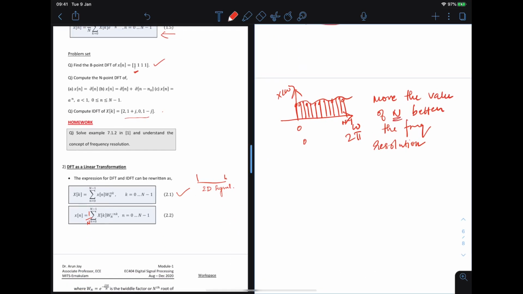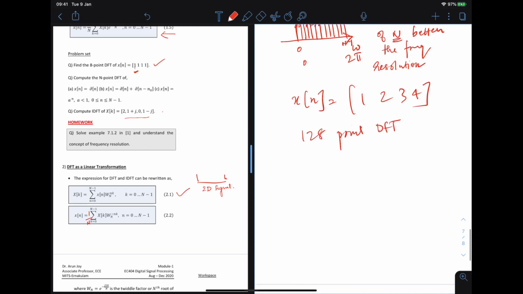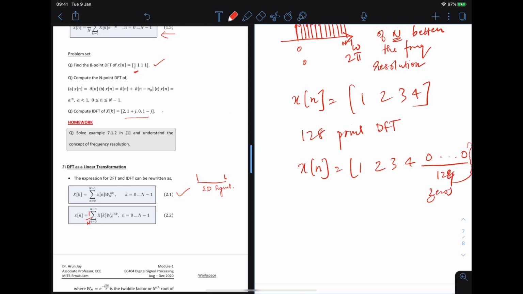In practice, even if you are given a signal x of n equal to 1, 2, 3, 4, and they are telling you to find a 128 point DFT, what you have to do is add 124 zeros to make it equal to 128, and then do your DFT.